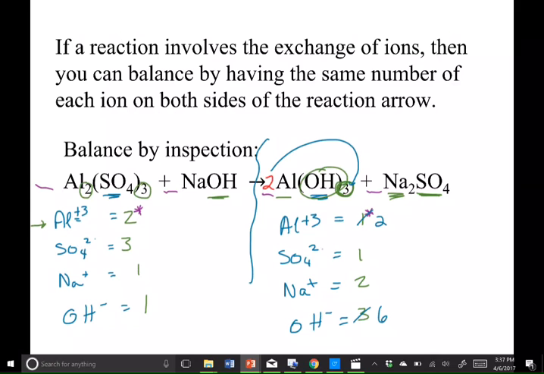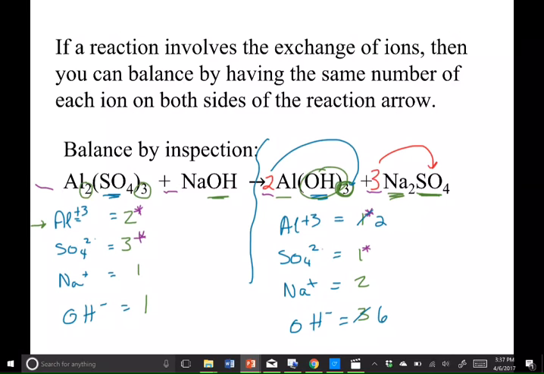Okay. How about our sulfates? Let's fix those next. Well, if I have 3 sulfates over here, how can I get 3 sulfates over here? Well, I can get 3 sulfates if I put the number 3 in front of the Na2SO4. So now let's go ahead and update our Nas and our SO4s.